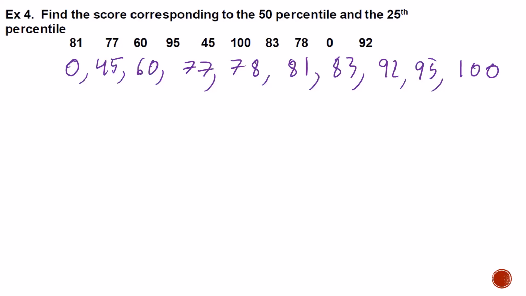Okay. So first, we want to find the 50th percentile. So we're asking, P50 is what? What number has exactly 50% of the values beneath it? And here there are 10 values. So you simply use the formula.